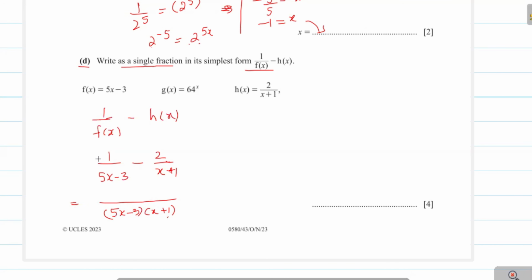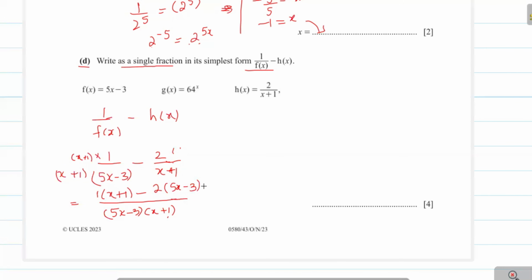Therefore, we multiply the numerator also by x plus 1. If we multiply the numerator by x plus 1 and the denominator by x plus 1, we get the same denominator. Therefore, we write 1 into x plus 1. And same here, we multiply by 2 into 5x minus 3.